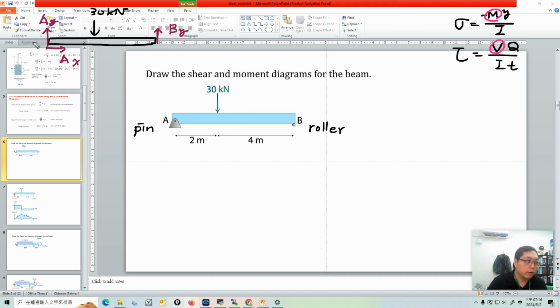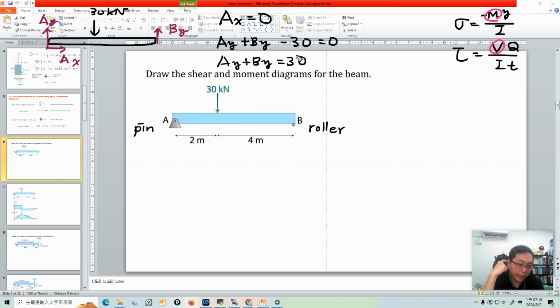In this problem, we only have vertical force, so AX must be zero. Now we have AY pointing up and BY pointing up, and minus 30 because the 30 kilonewton force points down. So AY plus BY minus 30 equals zero, so AY plus BY equals 30.